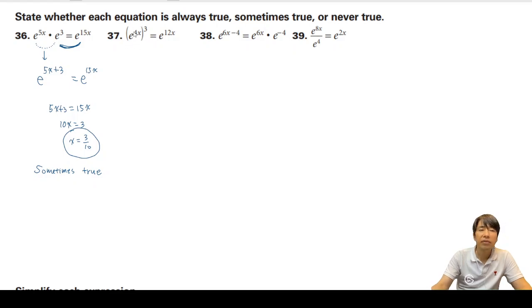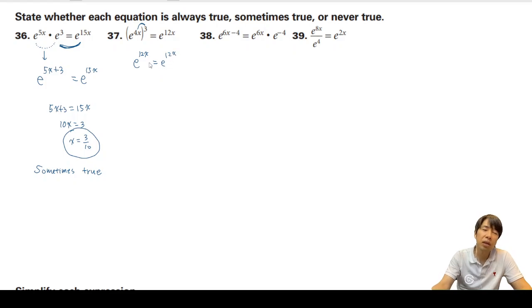Okay, 37. Since you have this parenthesis to the power of 3, the basic exponent rules say that you multiply these two together. So this comes down to e to the 12x. And of course, e to the 12x is equal to e to the 12x.